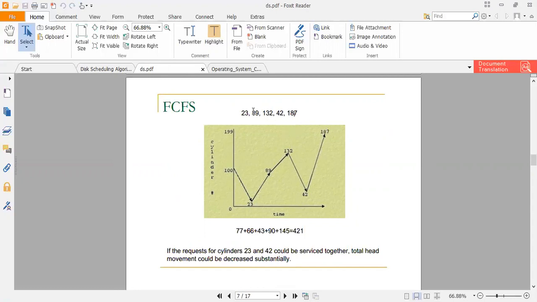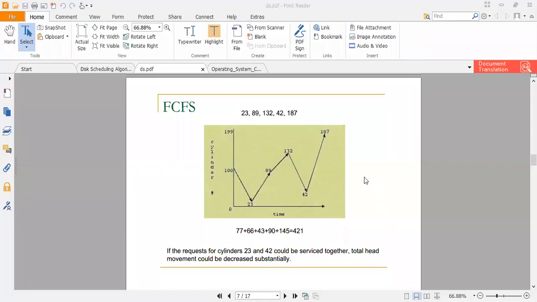So as far as this question is concerned, there are these pending requests, and currently there are a total of 200 cylinders from 0 to 199, and the current head position is 100.